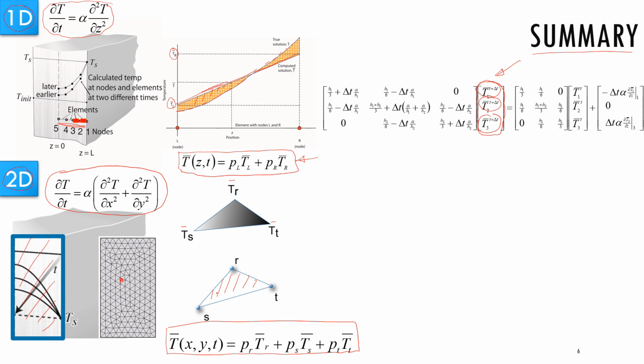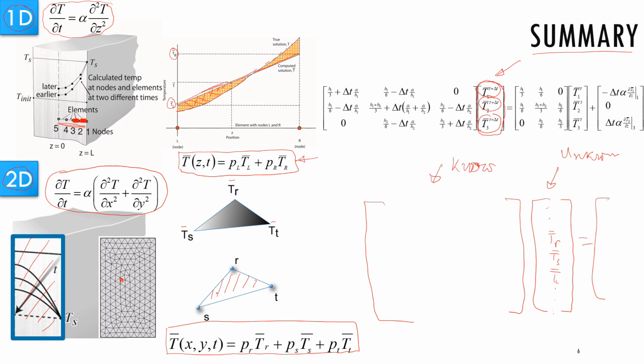And then again, we minimize error in a very analogous way. If we minimize the error, we're going to again get a matrix of algebraic equations that will have all of these unknowns, including these and other unknowns. These are my unknowns, and these would be all known and equal to something that is all known.